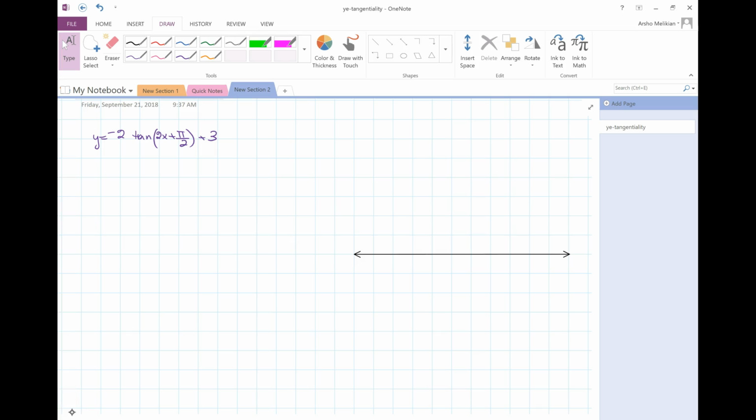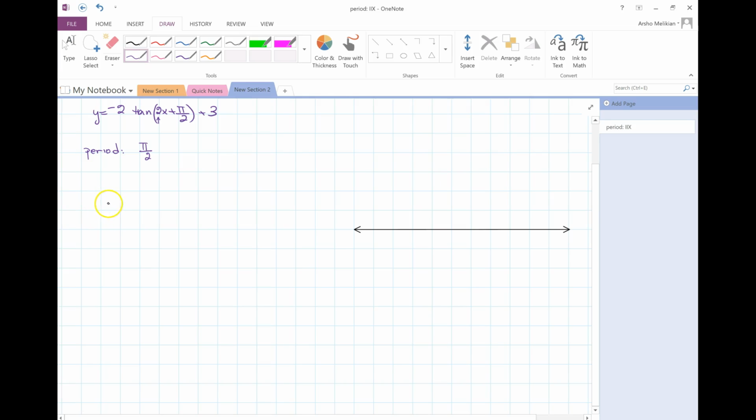So I have that problem here. If we wanted to look at the period, it's going to be pi over 2, right? That number, pi over 2. So let's see. We're going to take 2x plus pi over 2 and bound it between negative pi over 2 and pi over 2.